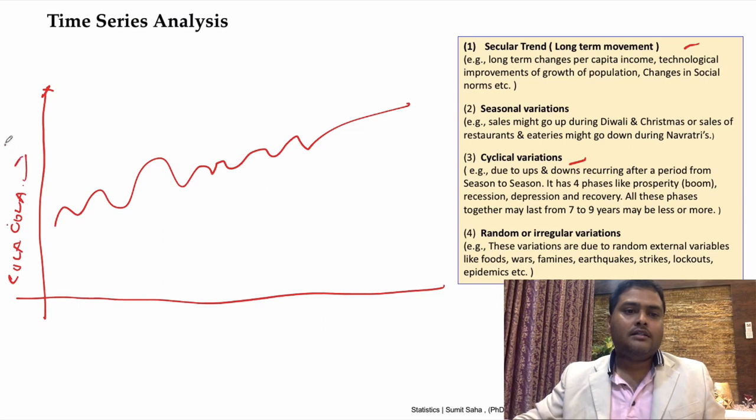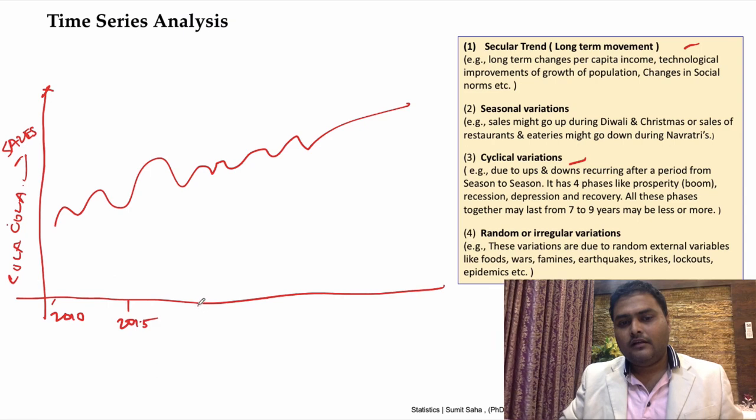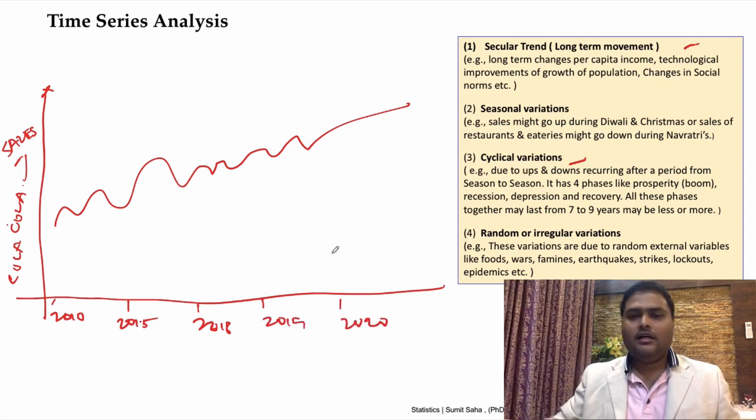I am assuming the years are 2010, 2015, 2018, 2019, and 2020. Just giving an example.